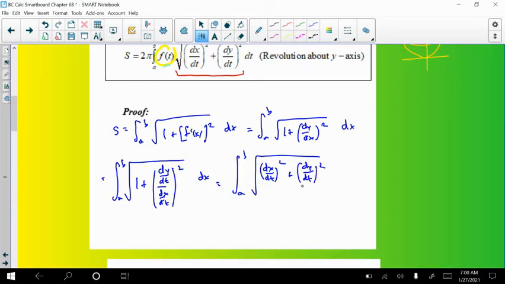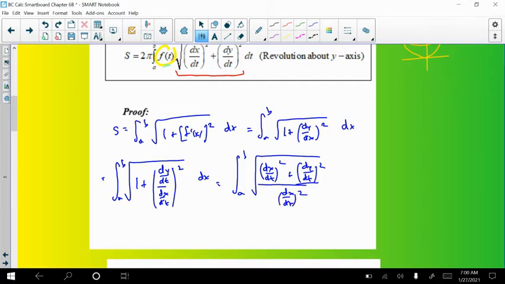Originally, this already would have had that denominator, dx/dt squared, and I'm just making that 1 fancy. Look, they have the same denominator, so I'm just going to put them together, all over the denominator dx/dt quantity squared.